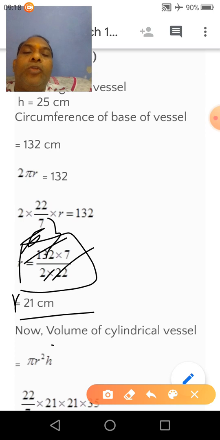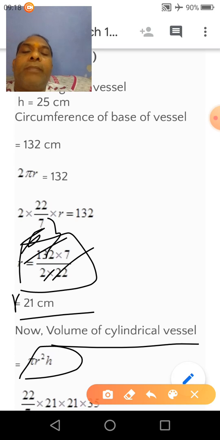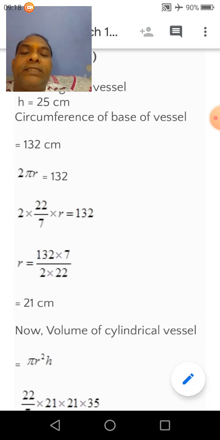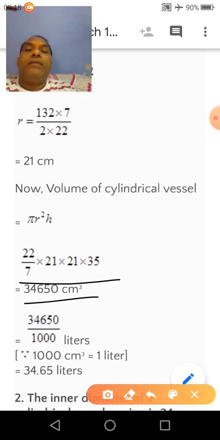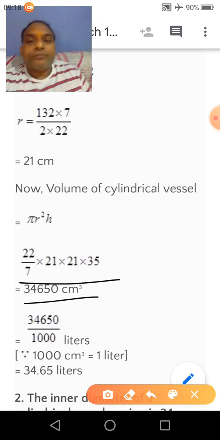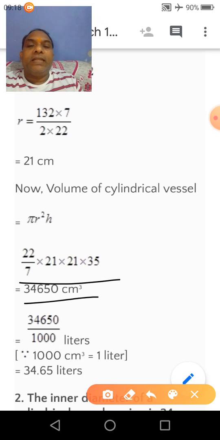Now volume of cylindrical vessel, we know that volume of cylinder is pi r square h. Now put the value of pi, r and h and calculate it. Then you have volume of cylinder equal to 34650 centimeter cube.